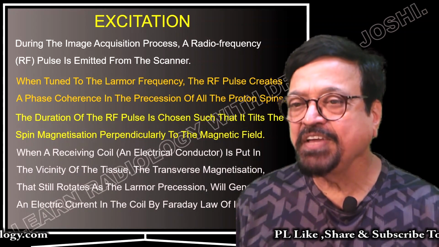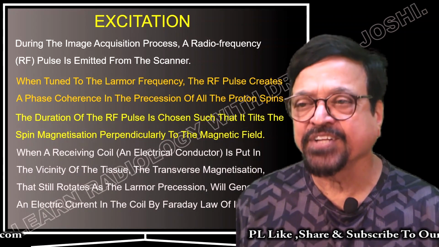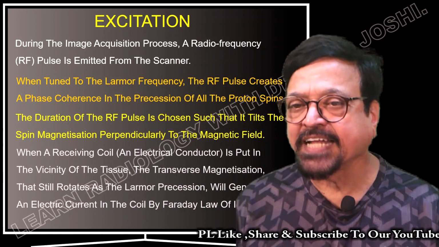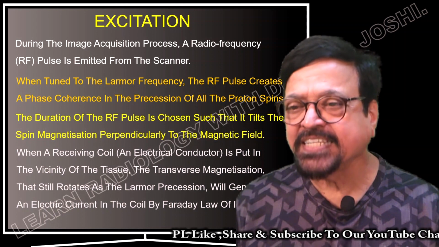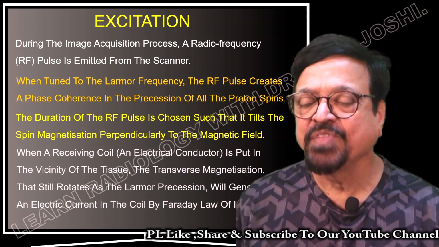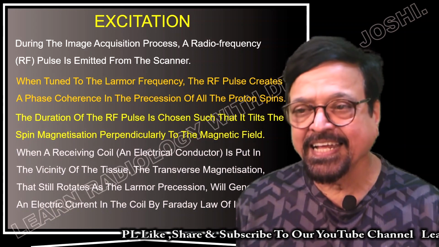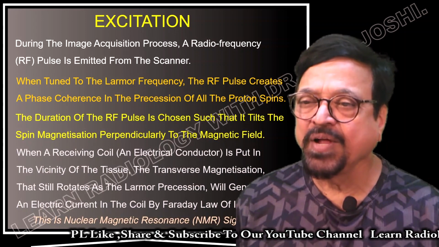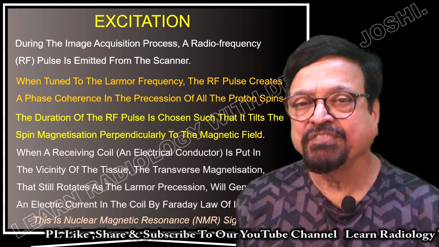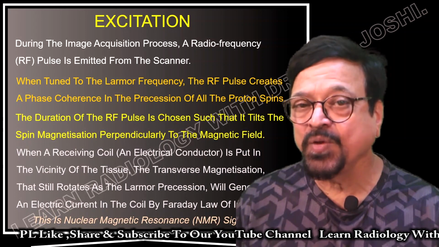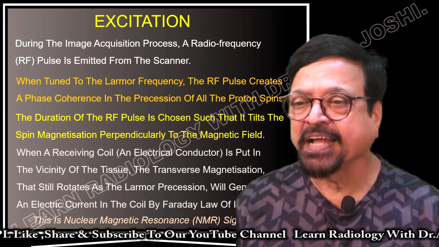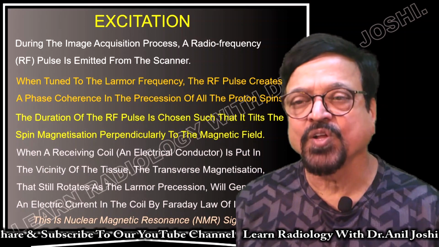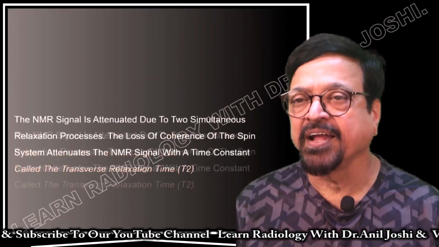When a receiving coil, that is an electric conductor, is put in the vicinity of the tissues, the transverse magnetization that still rotates at the Larmor precession will generate an electrical current in the coil by Faraday's law. You are also aware of how a magnetic field can get converted into electric current. This is the principle of nuclear magnetic resonance, that is NMR or MRI.